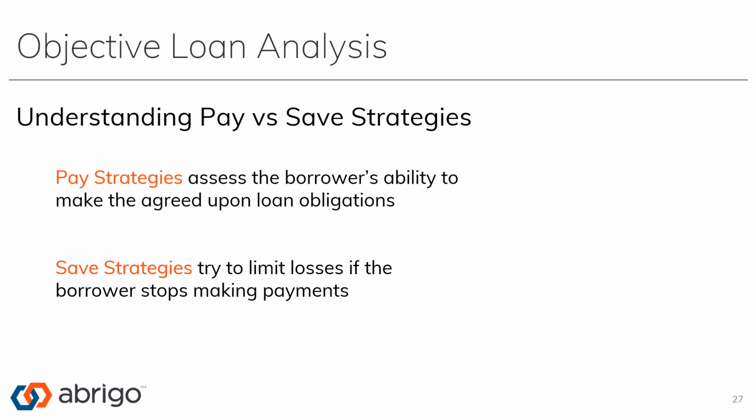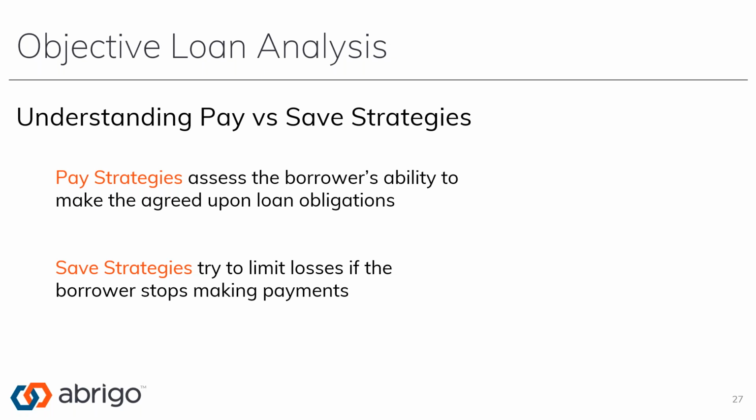A pay strategy really assesses the borrower's ability to make the agreed upon loan obligations. So of the 5 C's, we talked about capacity, cash position, net worth. Those are really pay strategies, right? Is there enough cash that the customer or member has, so that they can make payments when they need to? Save strategies try to limit losses when the borrower stops making payments.